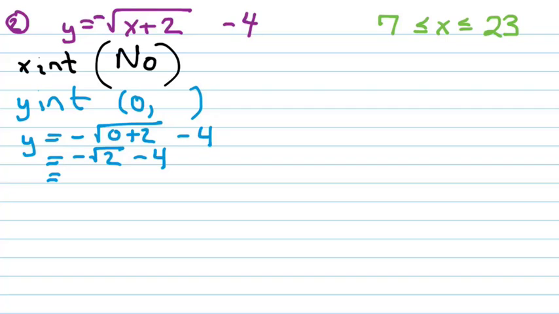The square root of 2 is 1.414. So negative 1.414 minus 4. And that gives us a negative 5.414 as the y value for my y-intercept.